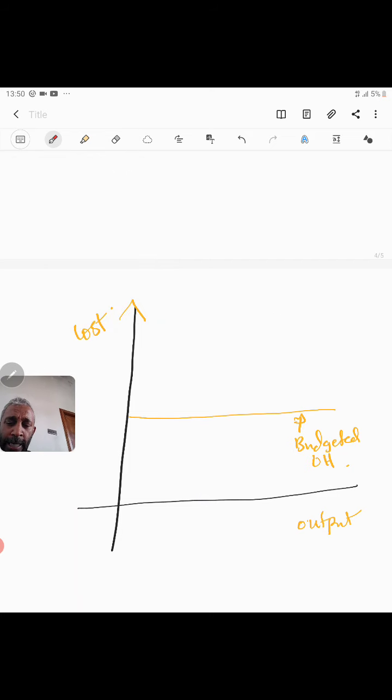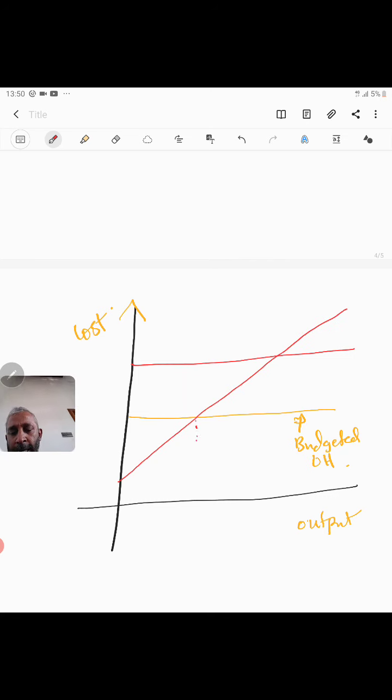The actual overhead is this. And my absorption goes like this. And here, this is the overhead absorbed. So this will be budgeted hours, and this will be my actual hours.